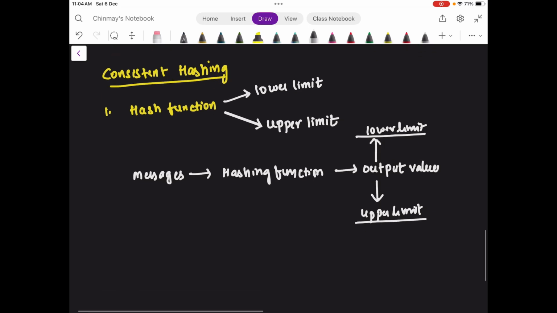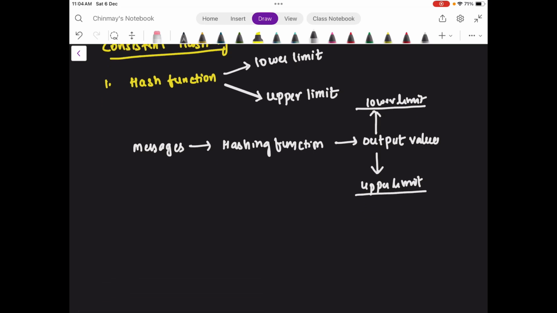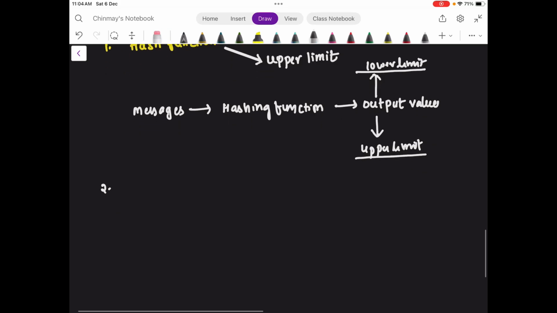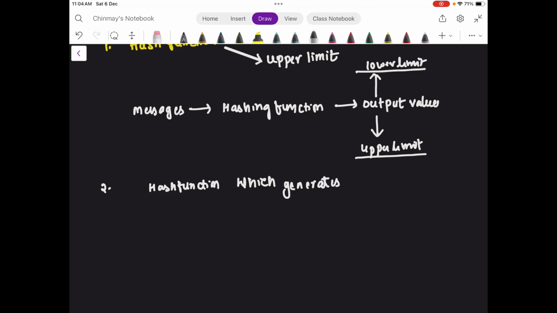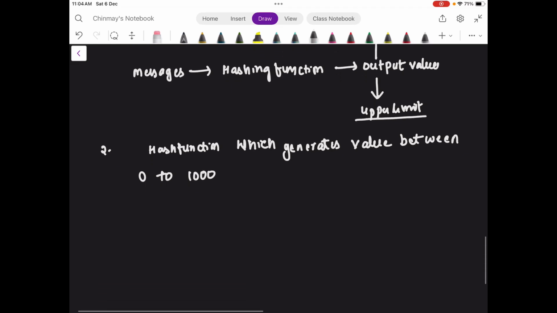Now let's discuss the technique. For example, we have a hash function which generates a value between 0 and 1000.